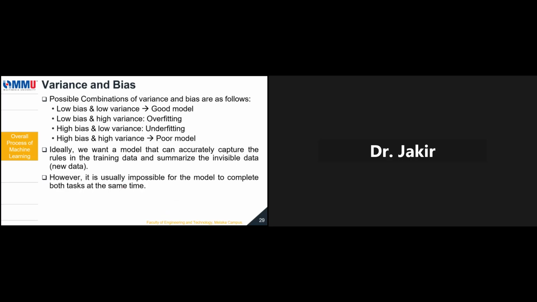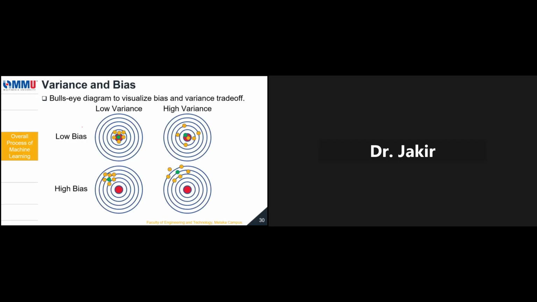Okay, so let's see what happened here. The possible combinations of variance and bias are as follows. Low bias and low variance is a good model.